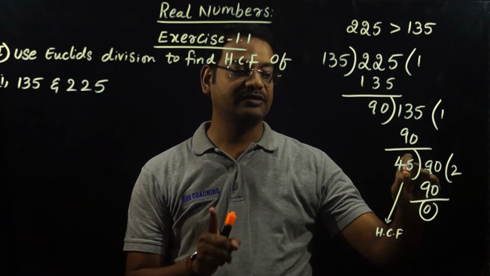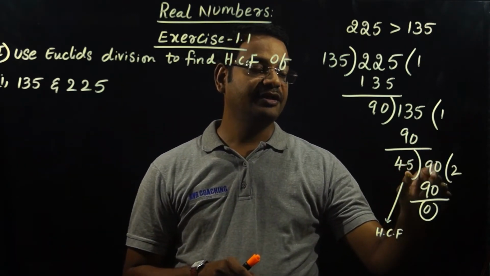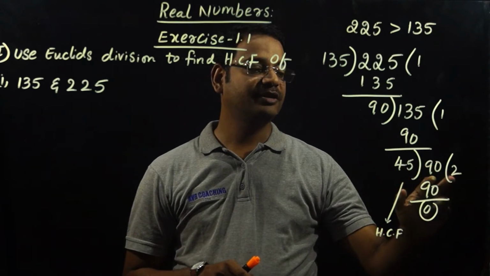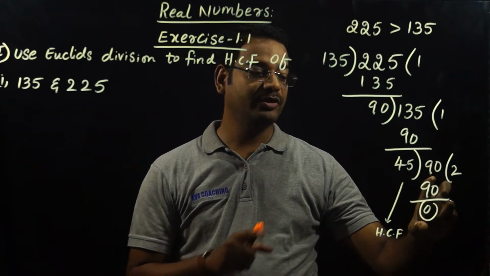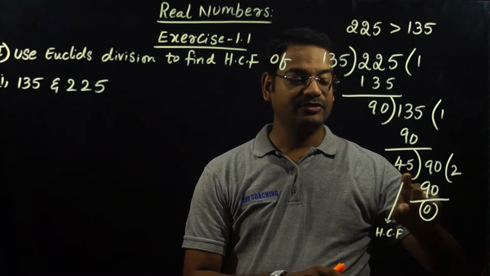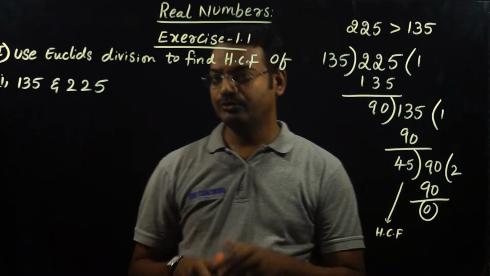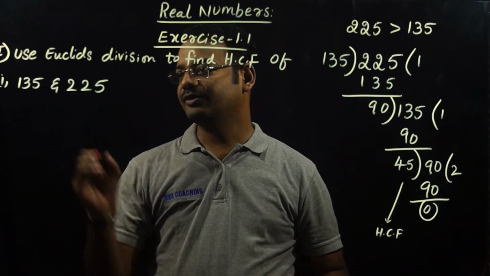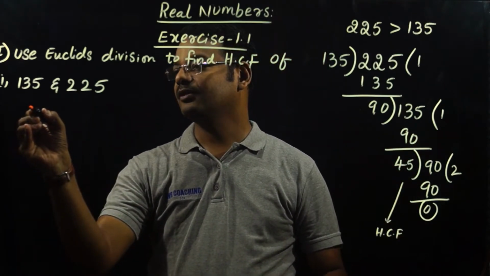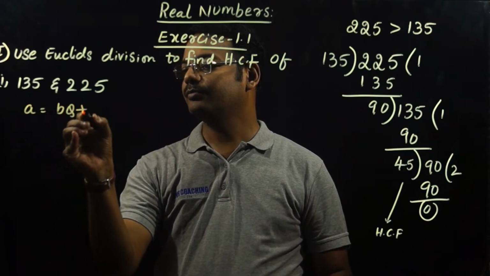Here also the remainder is not equal to 0, so again we will divide 90 with 45, so the remainder will be 0. Now we got remainder 0 when we divided with 45, so the HCF will be 45. Now we will apply the same division algorithm to Euclid's division lemma. As per Euclid's division lemma, a equal to bq plus r.